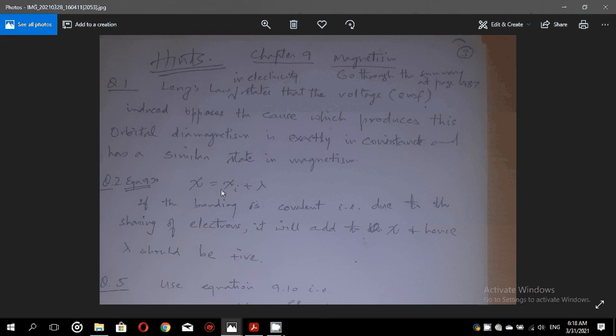And so the total magnetic susceptibility will be more than chi I, so that's why lambda should be positive. Okay, so next question is question number 5.